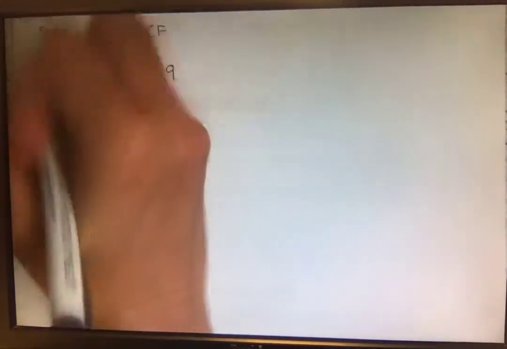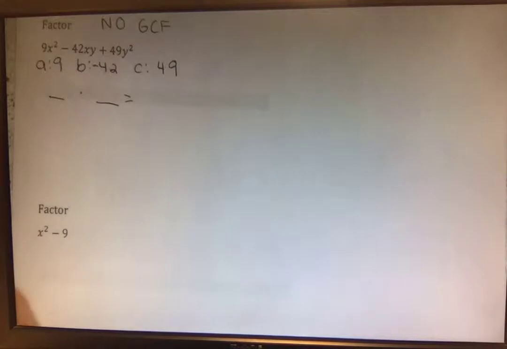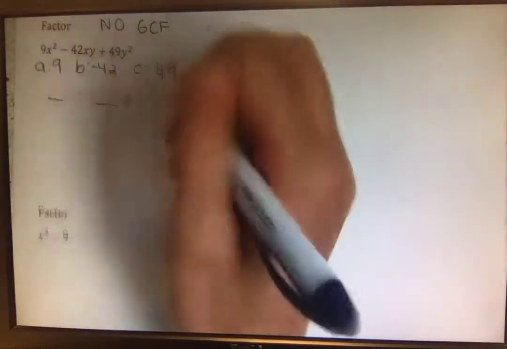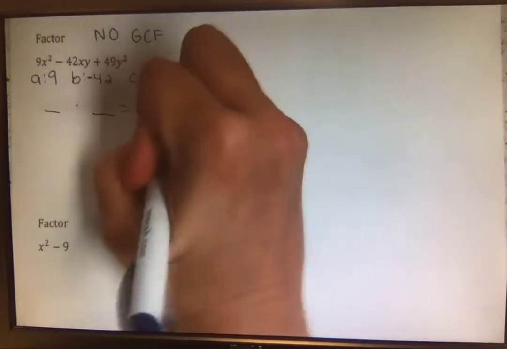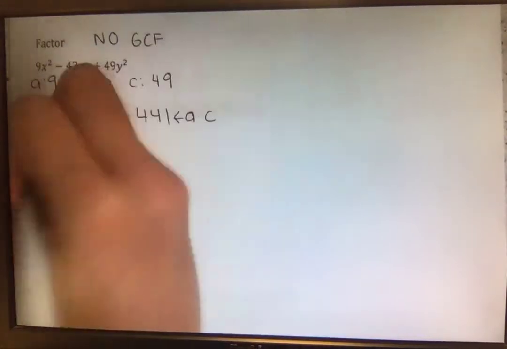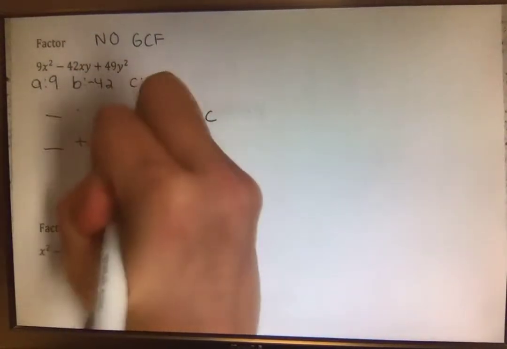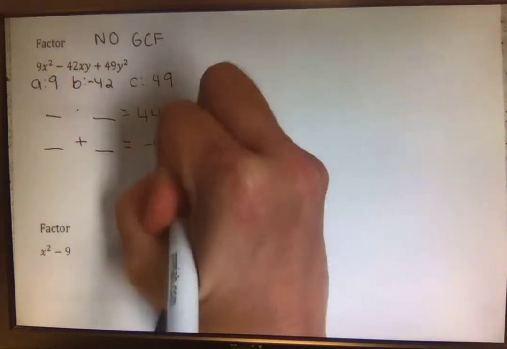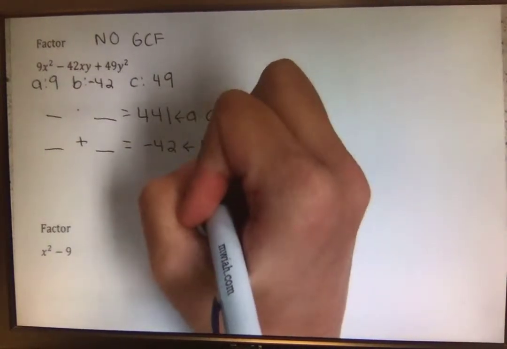C is 49. So 2 numbers that will multiply together to give us A times C. So 9 times 49, which is 441. And the same 2 numbers to add together to give me negative 42, which is our B value.